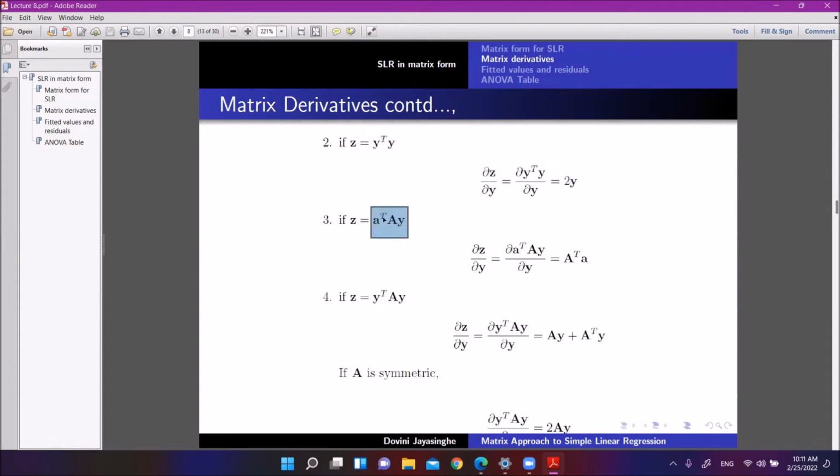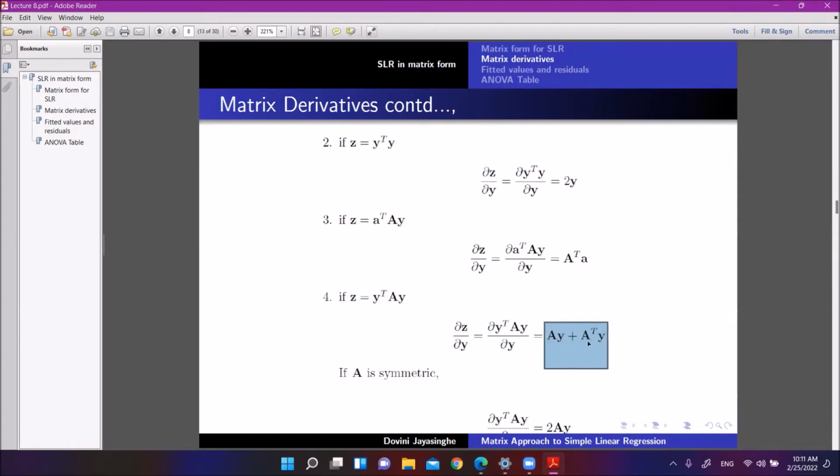A transpose A, this is a matrix, and this is a transpose vector y. When the derivative of this is taken, we end up with the transpose of the matrix times A, right? It is distributed. So here y transpose A y is going to be this one when we take the derivative.